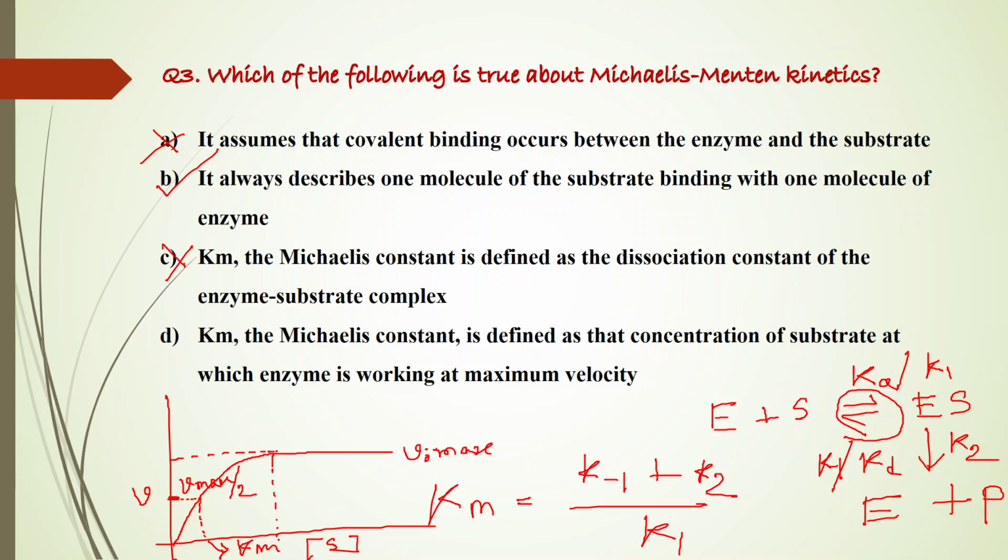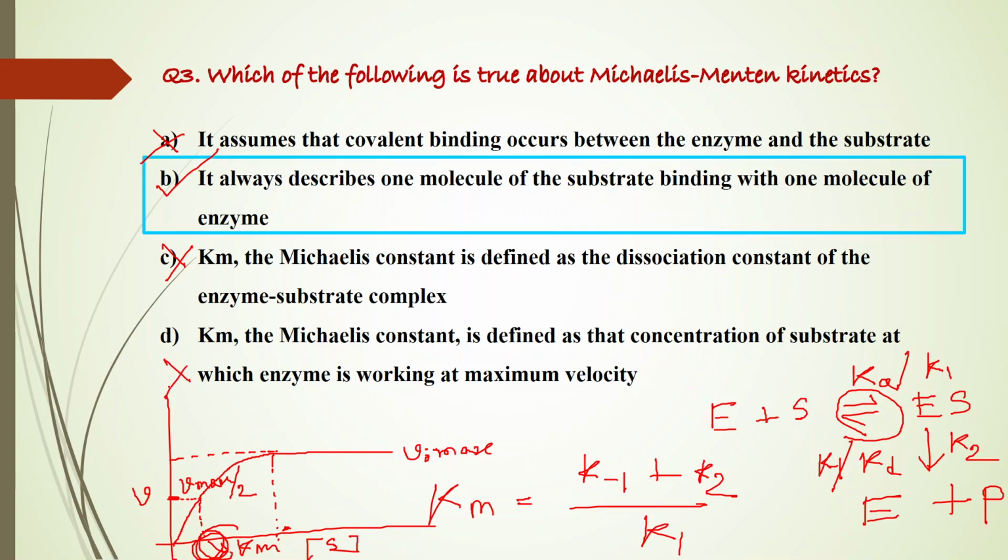Km is the substrate concentration at which half of the maximal velocity is reached, that is this particular concentration, not this one. So we can omit the fourth option as well. The only true statement among the four is option B, that only one enzyme molecule binds with one substrate molecule.